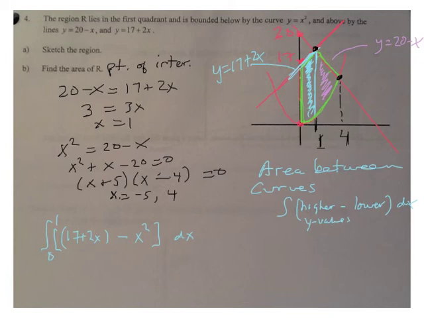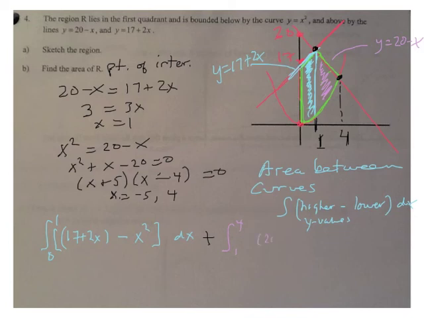And then I am going to add to that the area of the second region, which in that case our boundaries are going to go from 1 to 4. I have to use the function with the higher y values.